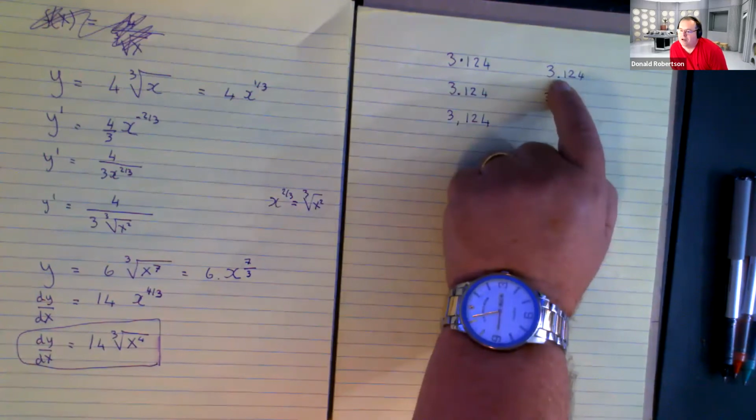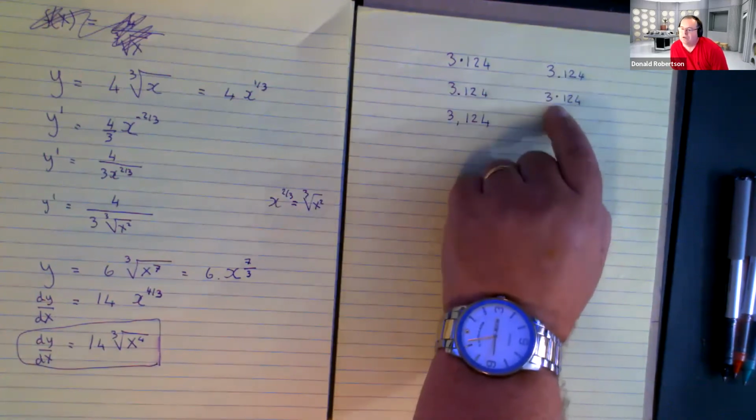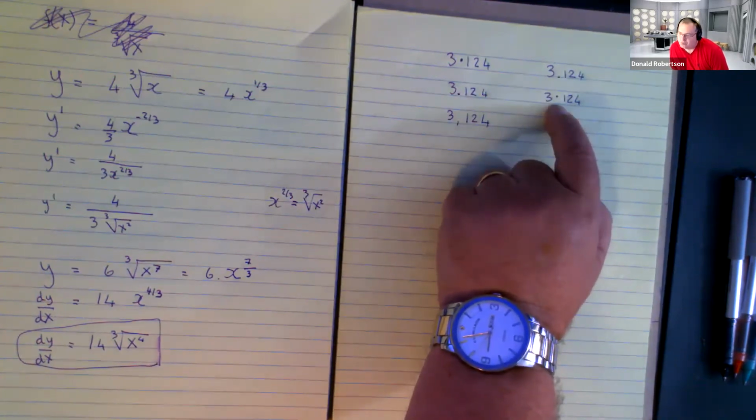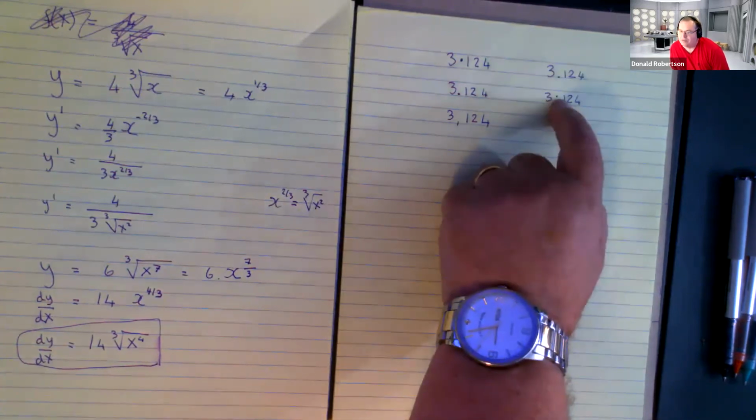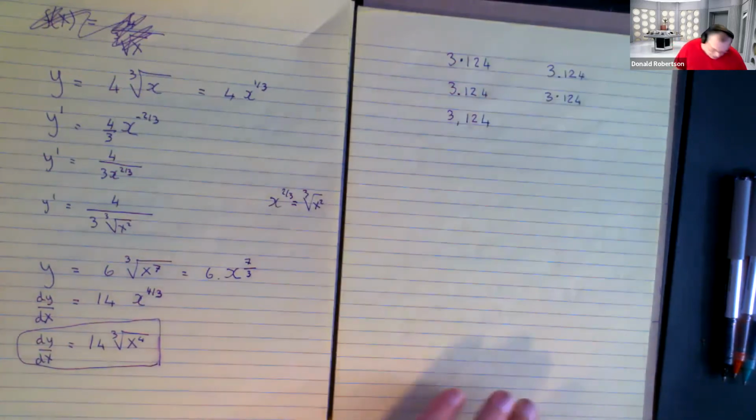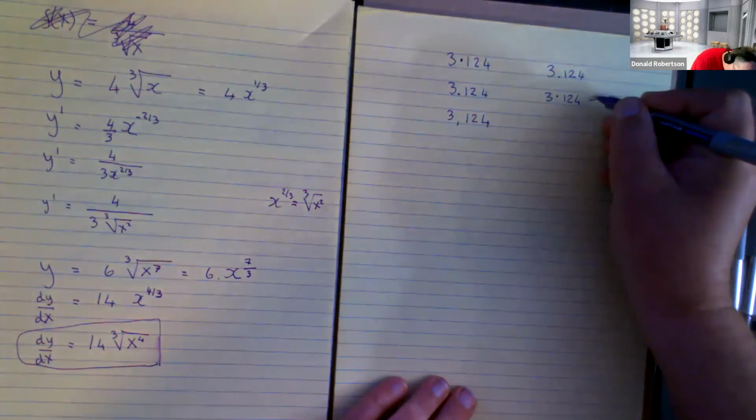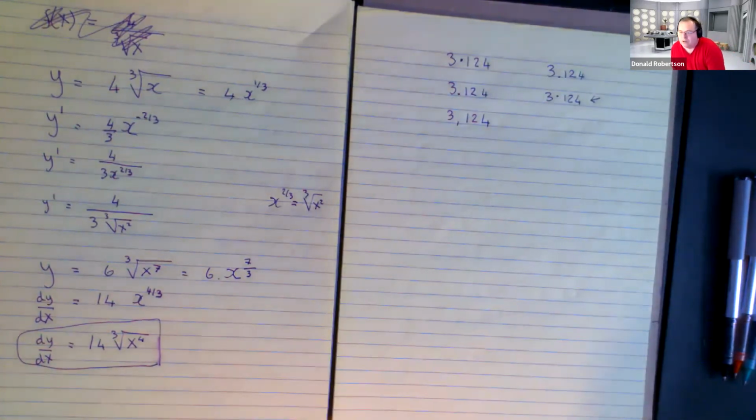So you would look at that as 3.124, and you would look at that as 3 times 124. You see two different ways of looking at things. But that's how I have been writing my decimals since I was a child, because in Britain, the decimal point goes there. You see it's in the middle.